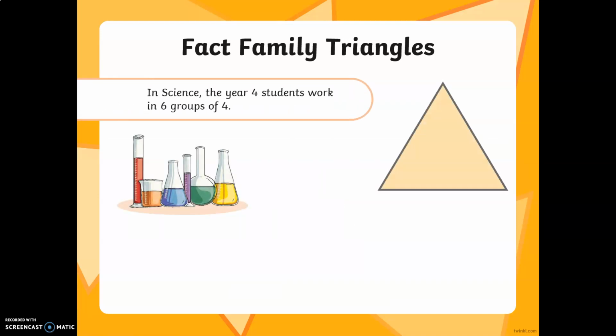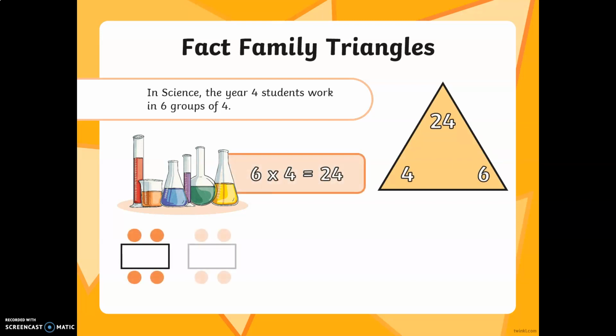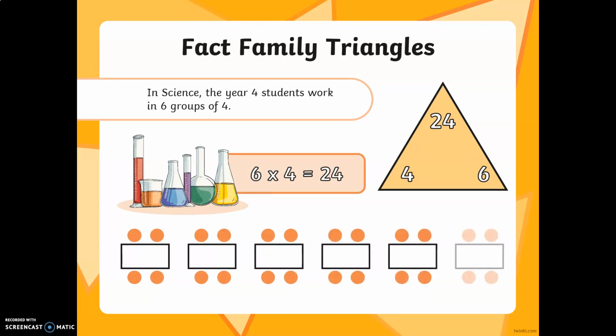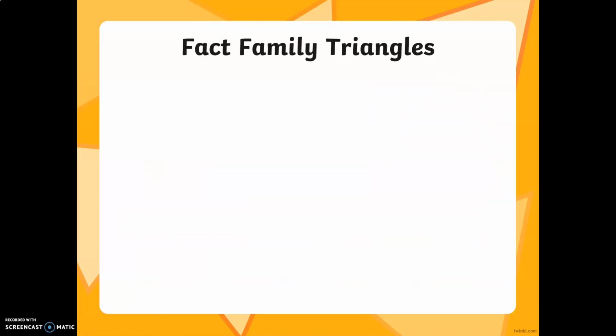In science, the Year 4 students work in 6 groups of 4, which looks like this. So you'll find there's going to be 6 tables with 4 at each table, totaling 24. And this is what our fact triangle would look like. All of these numbers can be used to create 2 multiplication sums and 2 division sums.